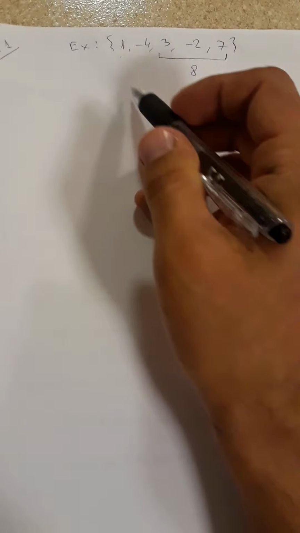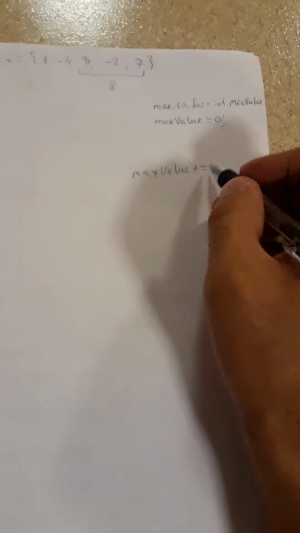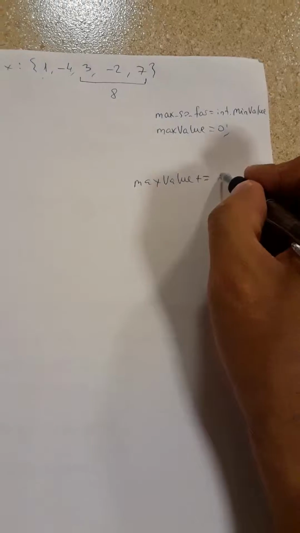Each time we will take one element from the array and add it to the digit that is kept in max value. Right now our max value is equal to 0. We will increment it with the first element, and it will make it equal to 1.